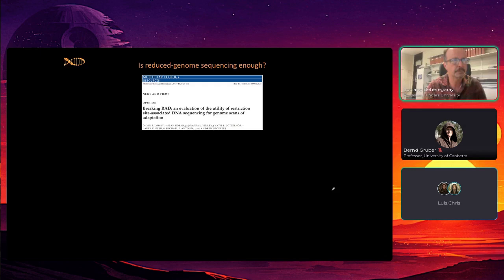Some folks in the past, especially the people in this particular News and Views, wanted to break RAD, DArT, and other data sets, meaning that they thought those data sets were not enough to understand selection because they were interrogating only a small fraction of the genome.